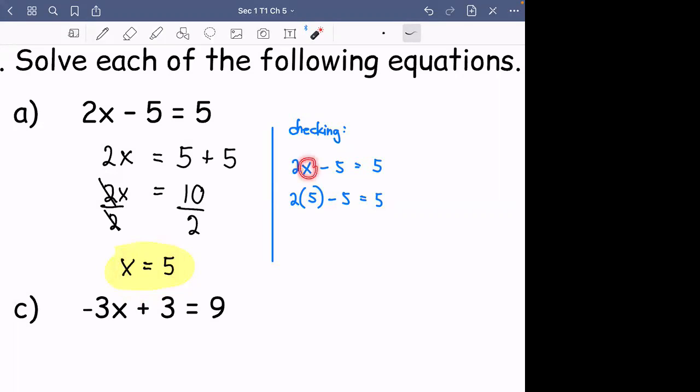So that means this is 10 minus 5 equals 5, so 5 is equal to 5. Is it true that 5 is equal to 5? Yes, of course. So if 5 is equal to 5, your answer is correct. That's how you check your answers.